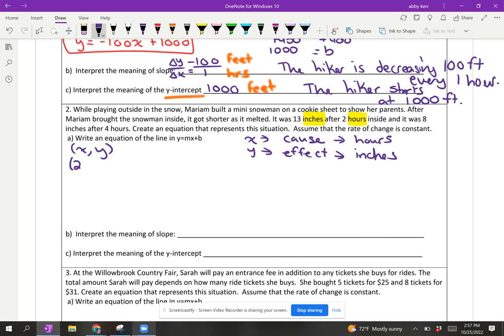So in this case, it's 2 comma 13, and then 4 comma 8. If you get the x's and y's confused, then the whole problem would end up being incorrect. So you want to make sure that you have it in the right order. So then this is negative 5 over 2.